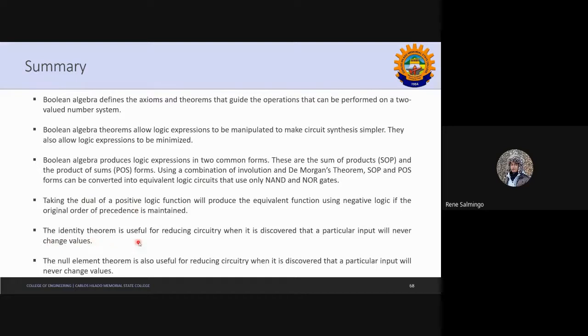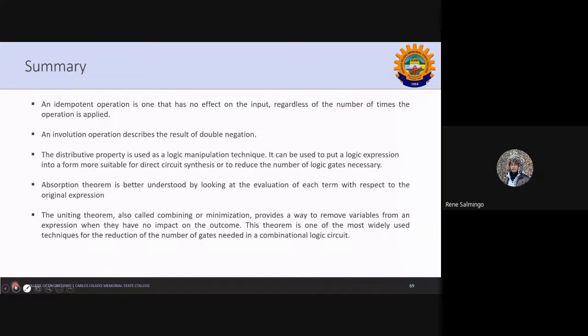Identity theorem is useful in reducing circuitry. Also, null element theorem is useful in reducing circuitry, and the particular input will never change values. An idempotent operation has no effect on the input regardless of the number of times the operation is applied.